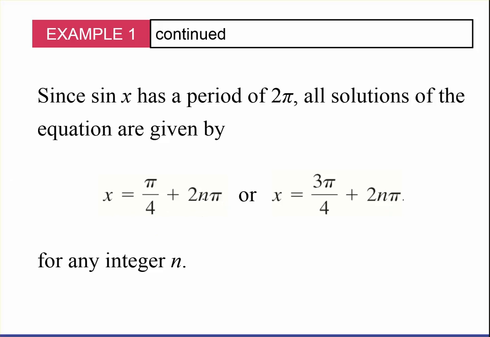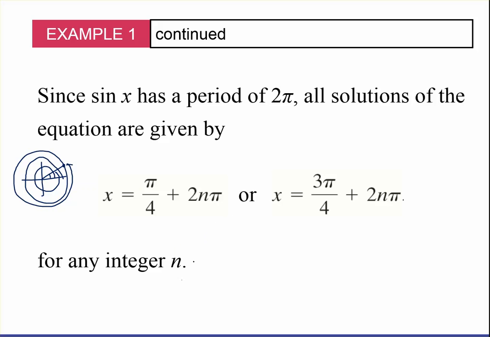If n is 1, that means we have one full revolution beyond pi over 4, which is 2 pi. A common denominator would give you 8 pi over 4, which makes 9 pi over 4. We go this way, one full revolution, then we have 2 full revolutions. That'd be 17 pi over 4.